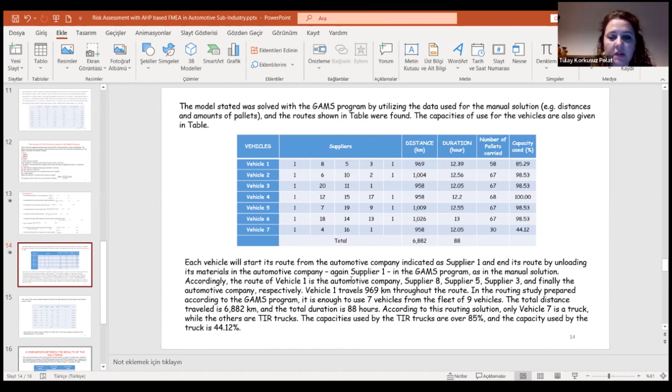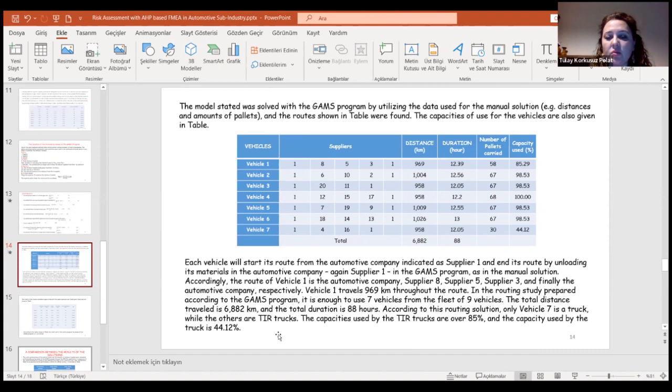In the routing study prepared according to the GAMS program, it is enough to use 7 vehicles from the fleet of 9 vehicles. The total distance traveled is 6,882 kilometers, and the total duration is 88 hours. According to this routing solution, only vehicle 7 is a truck, while the others are third trucks.